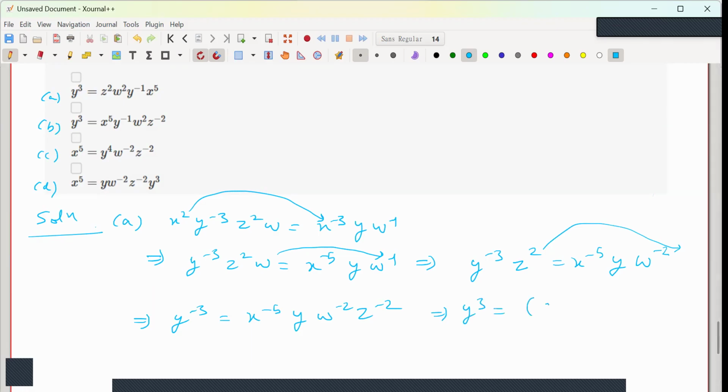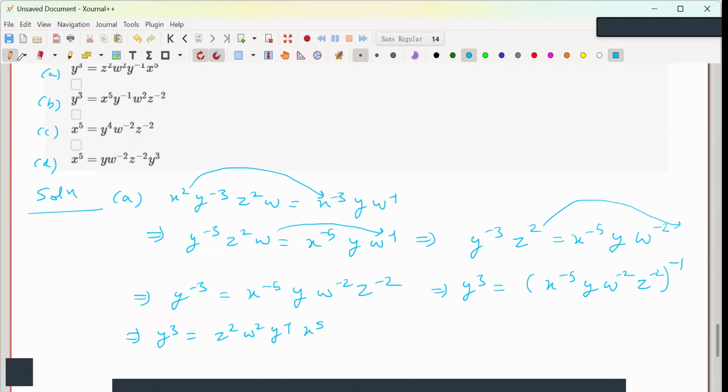Y cube will be x minus 5 y w minus 2 z minus 2 whole inverse, and that will imply y cube is z square w square y inverse. Just take the inverse. The inverse of some product a b c d is obtained by taking inverses from the right side: d inverse, c inverse, b inverse, a inverse, right? So we'll just do that. So this will be y inverse, and then you have x raised to 5. So of course, the first is correct.